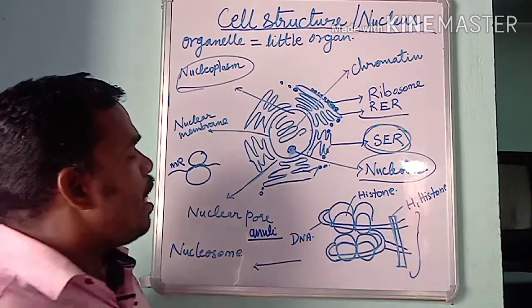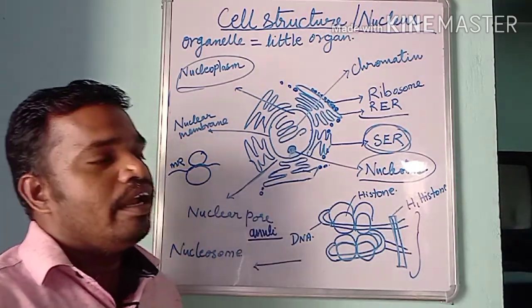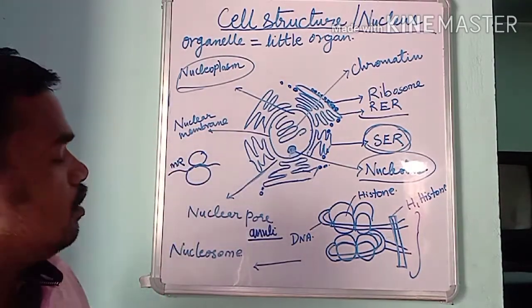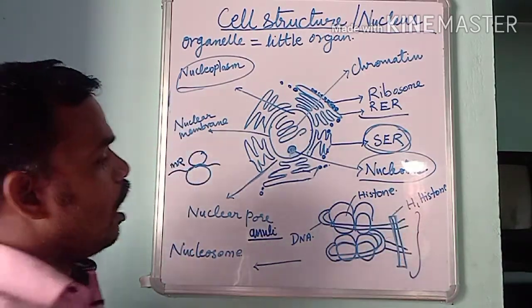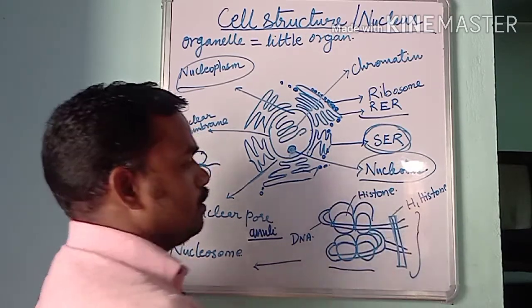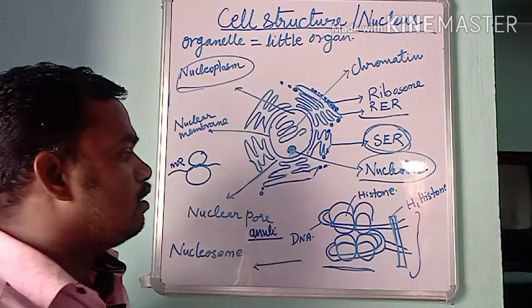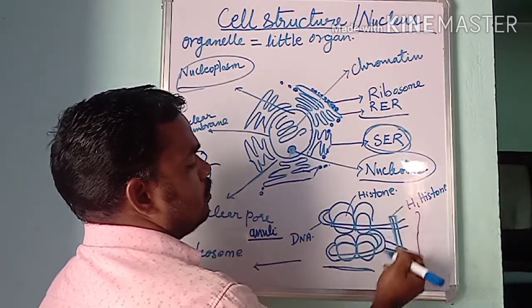Okay, this chromatin contains a little amount of DNA and RNA, and histone and non-histone proteins. In this chromatin network, the DNA is coiled around the 8 histone proteins, making coiled structures.